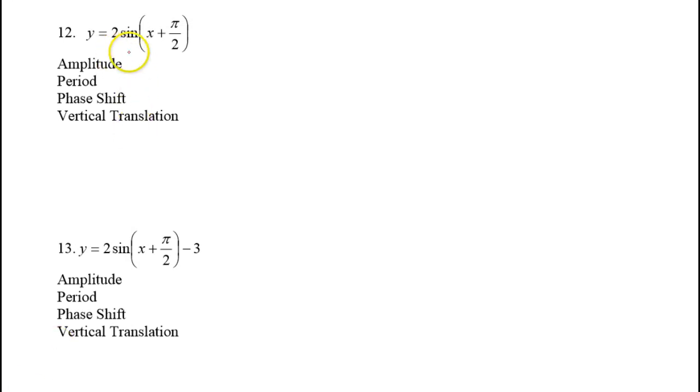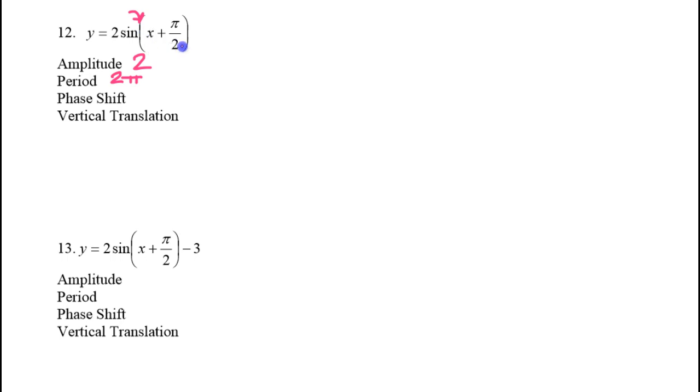All right, for problem number 12, the amplitude is going to be 2, because I see the 2, the A value in the front. The period, there is no B value. The B value would be sitting right here. There is no B value. That means the period is going to be the usual 2 pi. Phase shift.